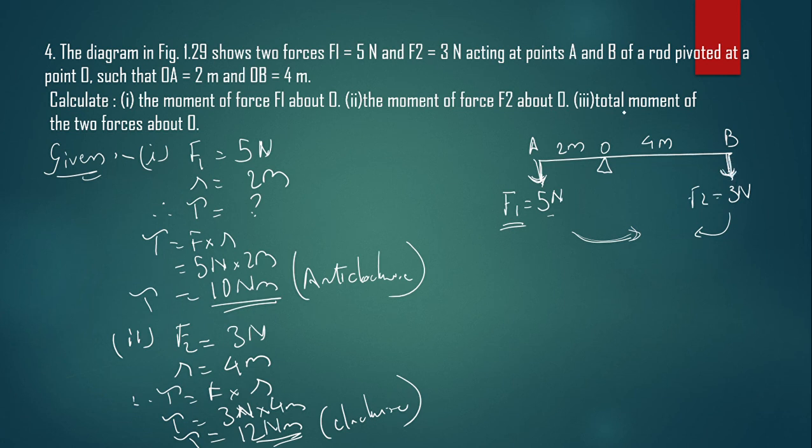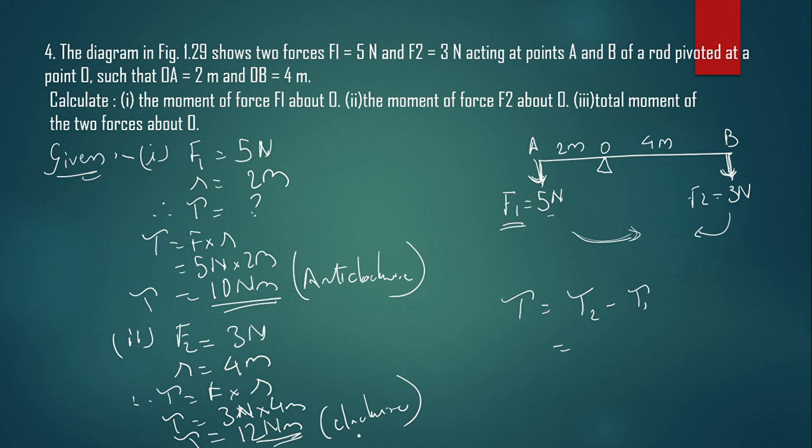Now, one is going in an anti-clockwise direction, the other one is going in a clockwise direction. Which one is greater? This torque is greater. So the total moment of force would be the sum of both, tau 1 and tau 2. Since they are in opposite directions, this will be tau 2 minus tau 1. Why are we subtracting? Because they are moving in opposite directions, one clockwise and one anti-clockwise.